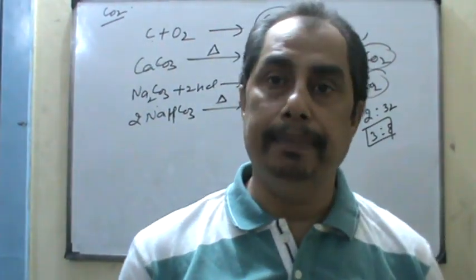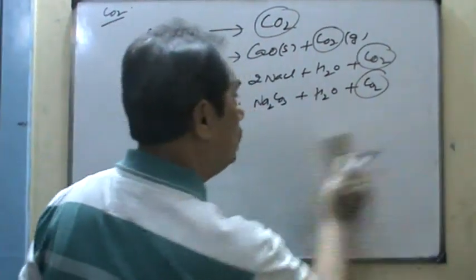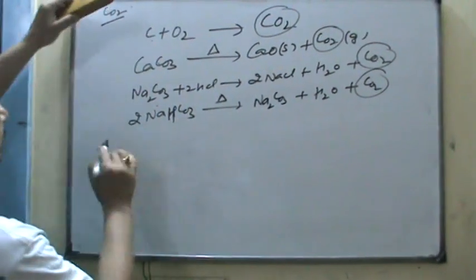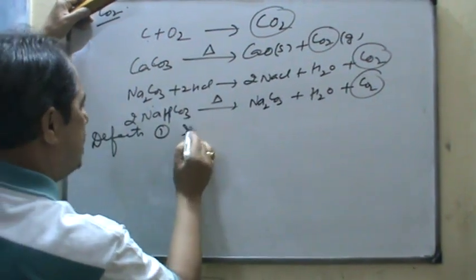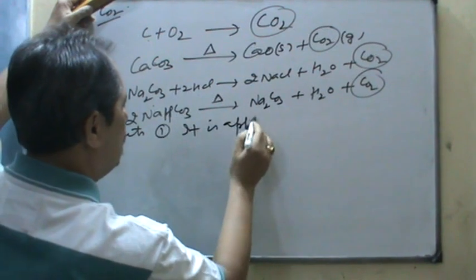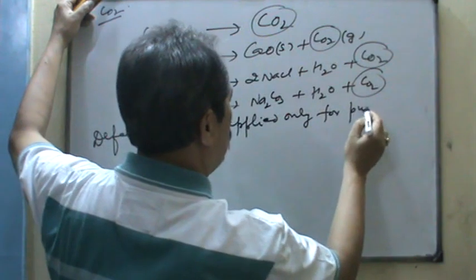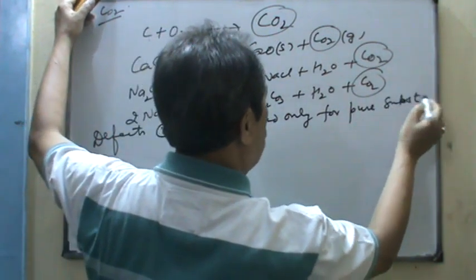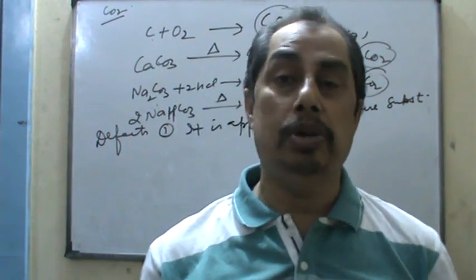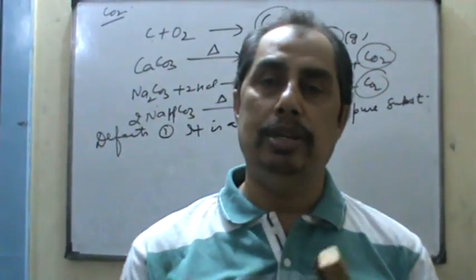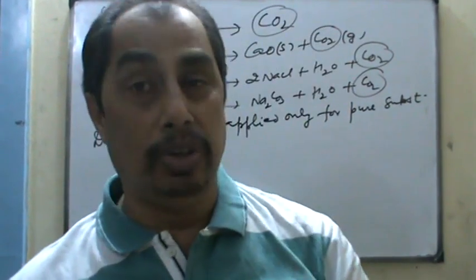But anybody tell me, does it have any drawbacks? Yes, the defect of this law is that, first, it is applied only for pure substances, not for impure. In chemistry, impure is not really a word. It is actually a mixture, because a mixture is considered impure since the ratio is not constant.